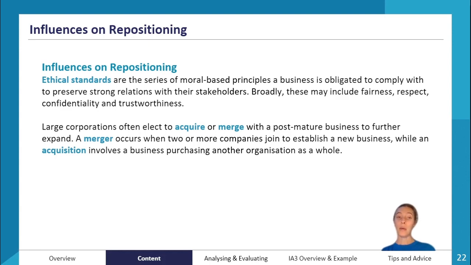On the other hand, acquisition involves a business purchasing another organization as a whole. So it's not joining together to create something new, but it's one business having significantly more power and being able to fully purchase that other business. So both of these things are some influences on repositioning. So the ethical standards, the acquisitions, and the mergers.